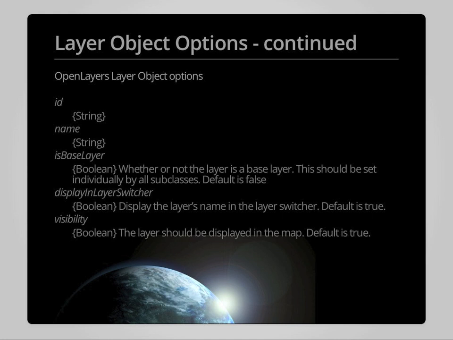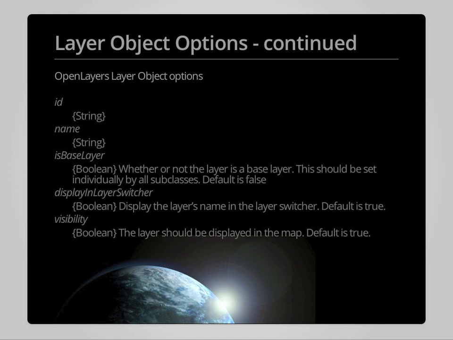So that's an option that can be provided as well. As you saw last week, there's an isBaseLayer Boolean option that allows you to define whether or not the layer that is being defined is a base layer, and conversely, if it's not a base layer, it's treated as an overlay layer.